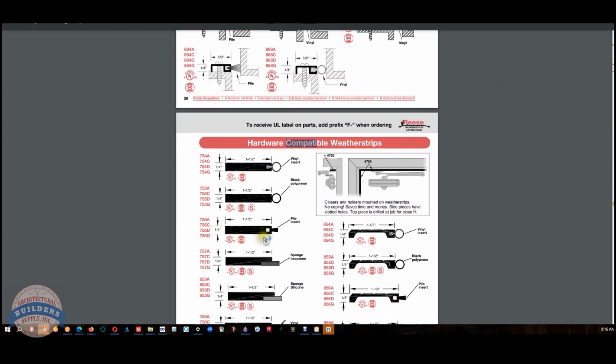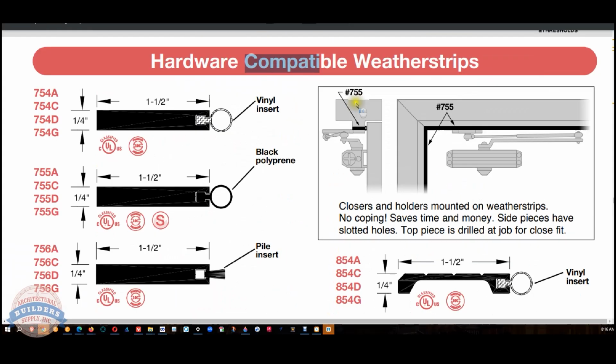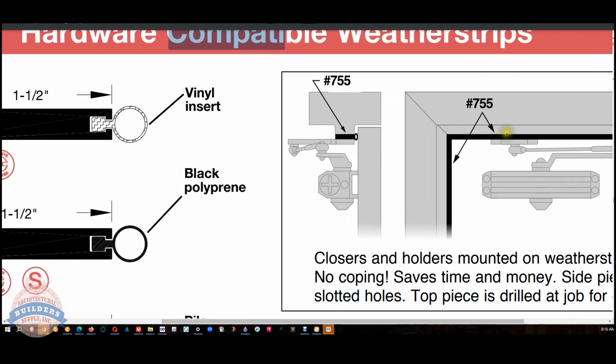Hardware compatible gasketing is nothing other than an extruded block of aluminum with an insert. What's nice is it acts as a mounting bracket as well, just like you see here, so you don't have any lack of continuity of your gasketing. So you could put hardware gasketing, then a coordinator, then a mounting bracket. All that kind of adds up.